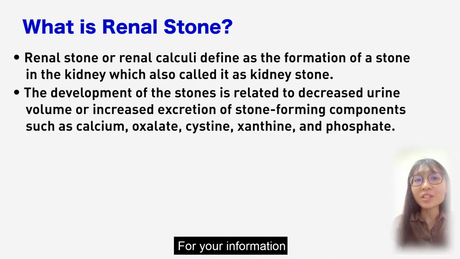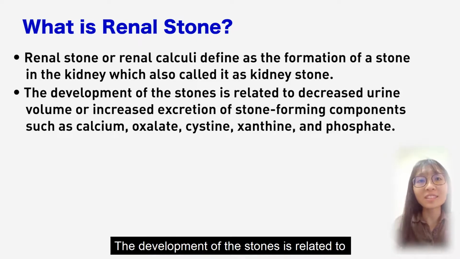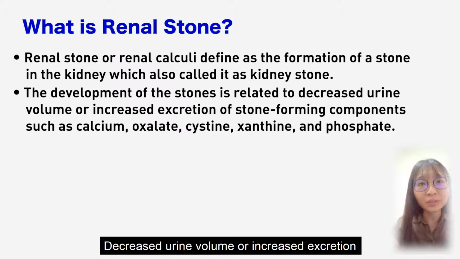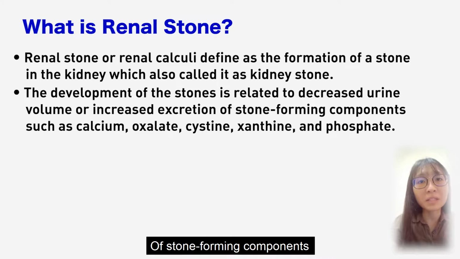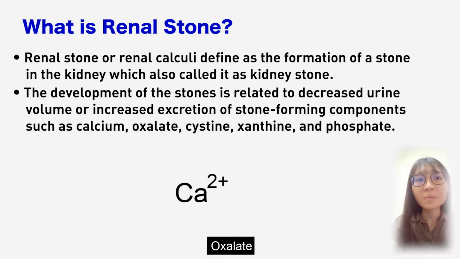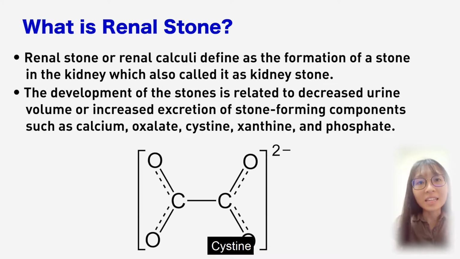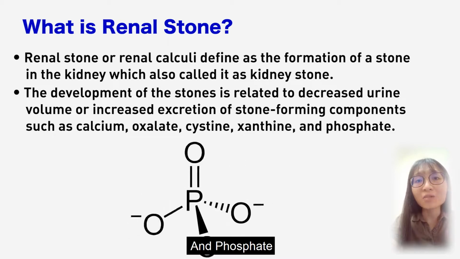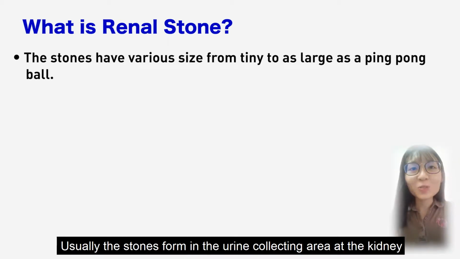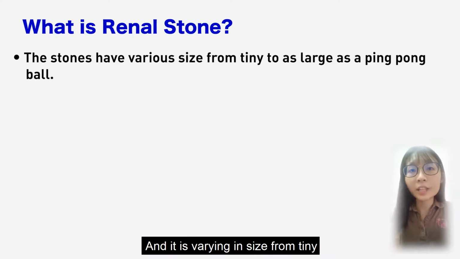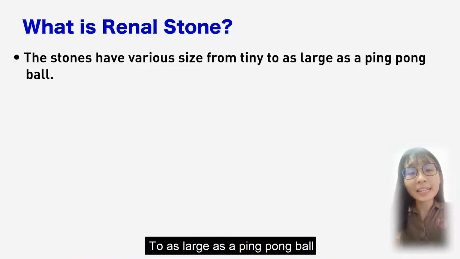For your information, the development of stone is related to decrease in urine volume or increased excretion of stone-forming components such as calcium, oxalate, cystine, xanthine, and phosphate. Usually, the stone forms in the urine collecting area of the kidney, and it varies in size from tiny to as large as a ping pong ball.